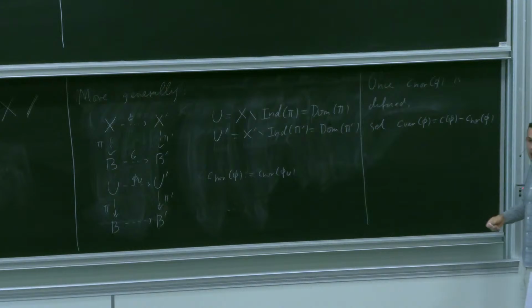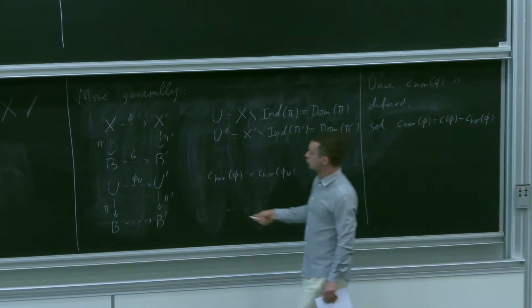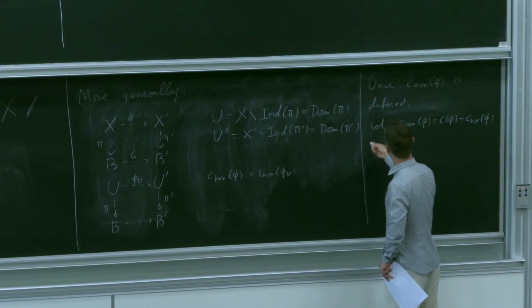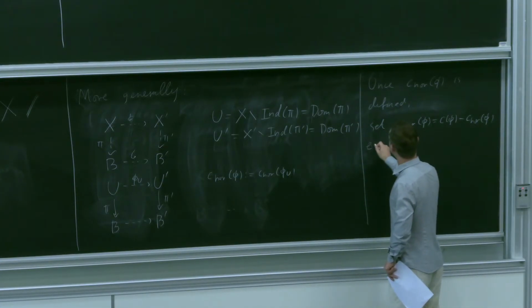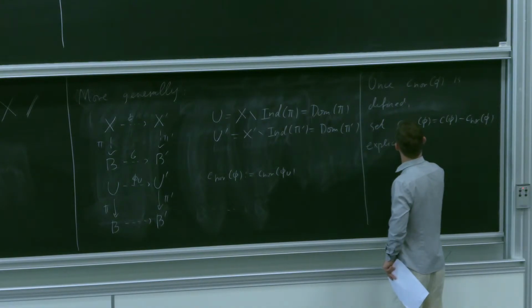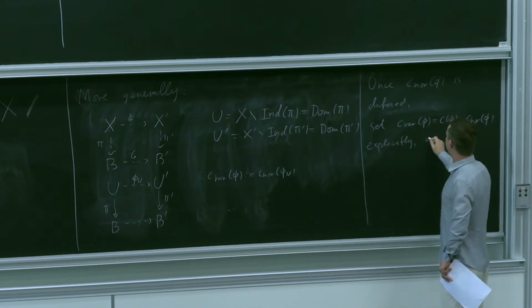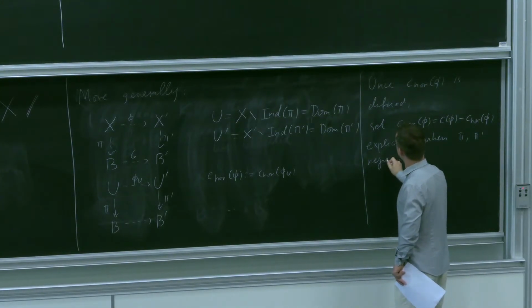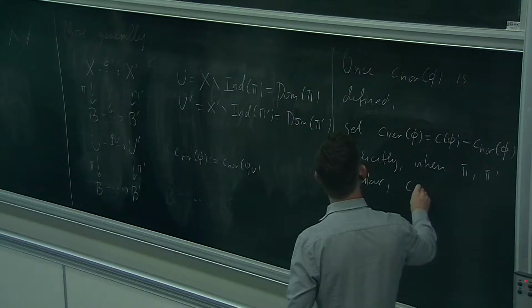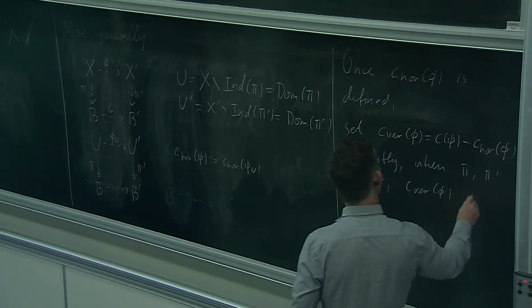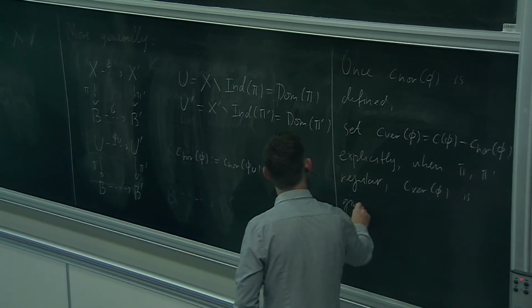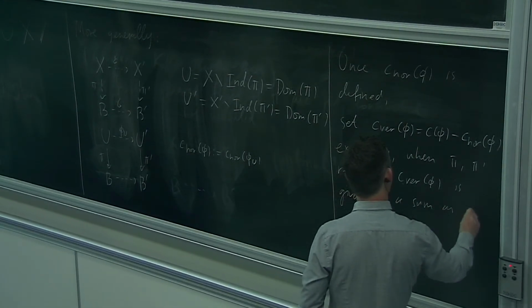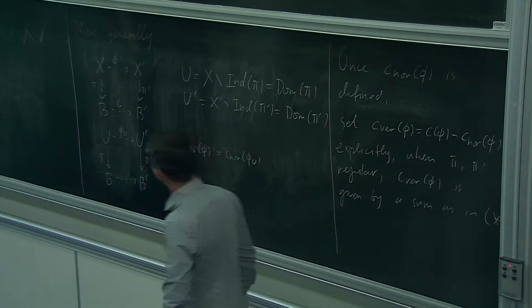Explicitly, in a situation like this, when pi and pi prime are regular, this vertical one is given by a sum as before. So let's mark that equation.